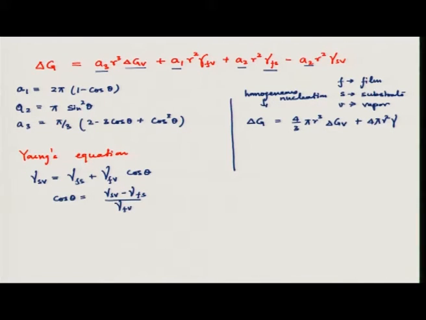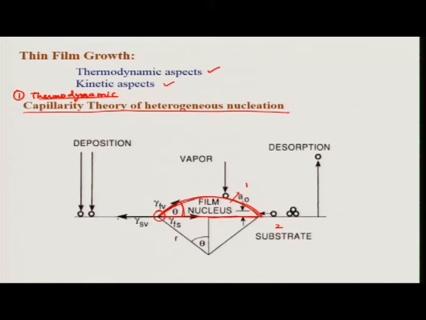Now, let us go back to this diagram once again. We can write this expression again here. Gamma SV should be equal to gamma Fs plus the cos component of gamma Fv, cos theta, if we have force balance in the x direction.